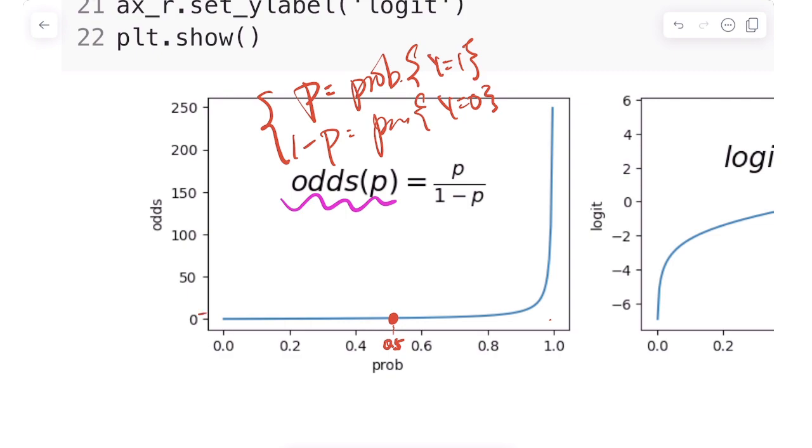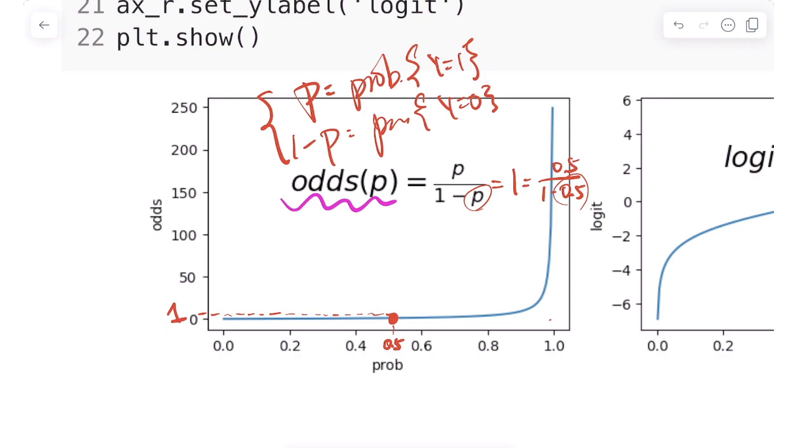So if the odds value equals 1, that means you win or lose with probability a half.